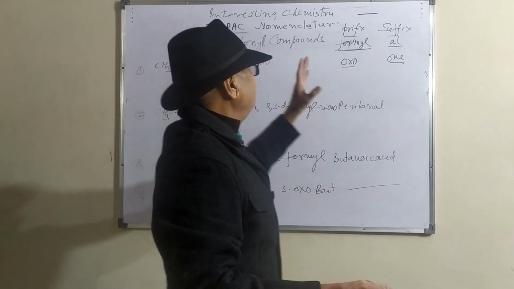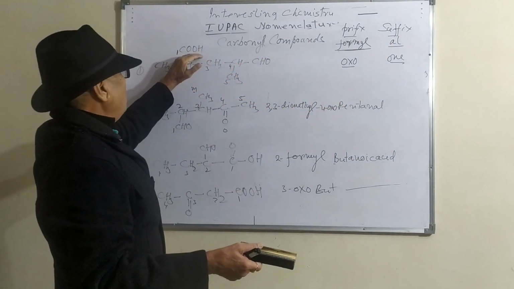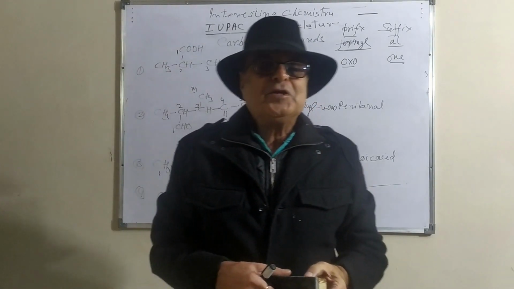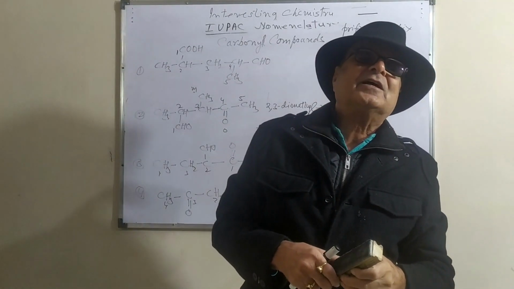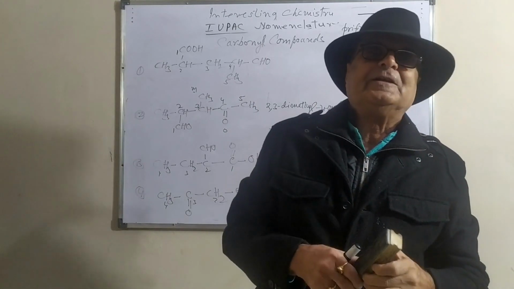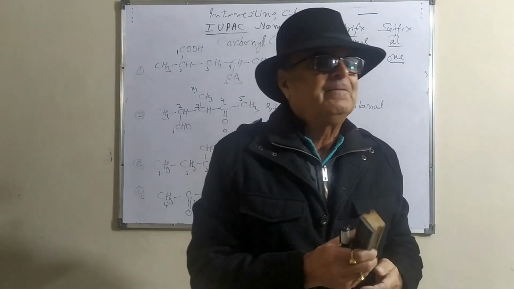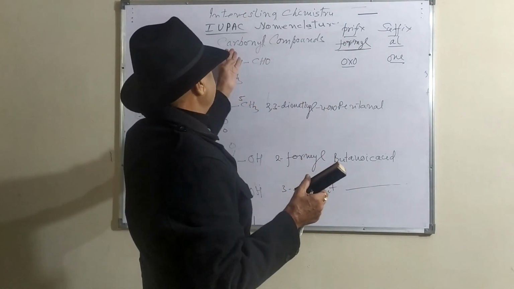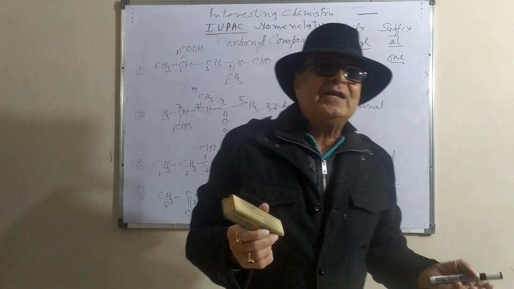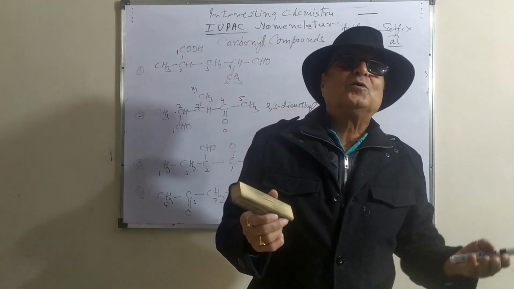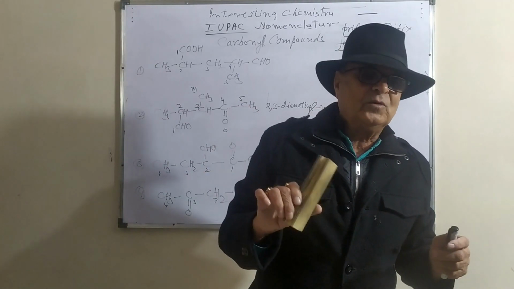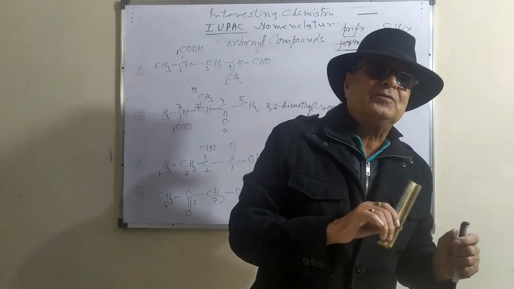And the prefix of this is carboxy, but we never need to write it as a prefix for acids because it is the senior-most group. So we will not write it as a prefix.